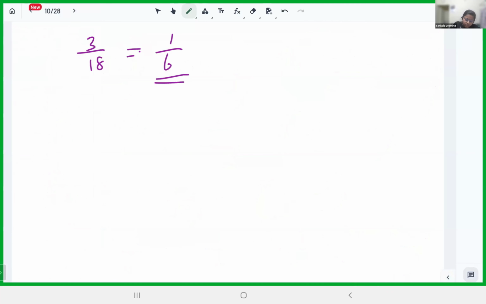Okay, now what is the area of the portion CDE? Area of CDE is equal to the integral from minus 2 by 3 to 1 of y dx, isn't it?